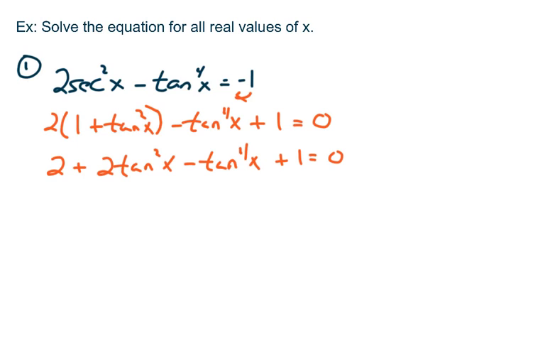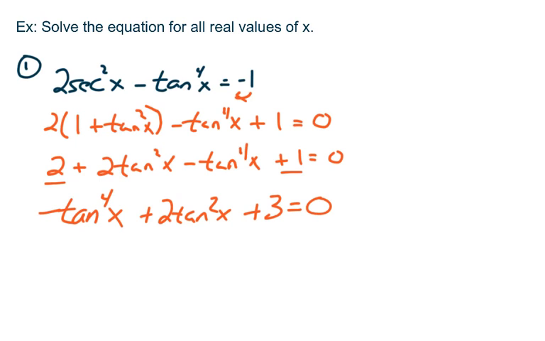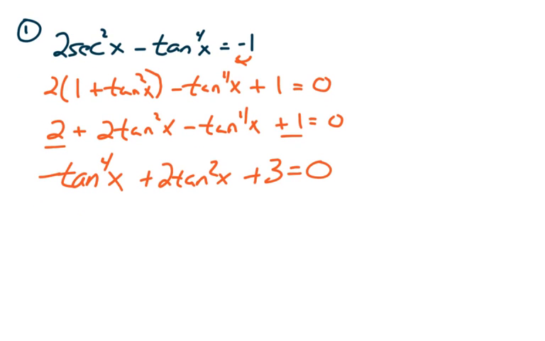This example is factorable, so let's just reorder things and combine some things. We can combine the 2 and the 1. I'm going to put the fourth power first, just thinking about standard form. Usually the biggest exponent comes first. So negative tangent to the fourth of x, positive 2 tangent squared of x, and then 2 plus 1 would give me 3 equals 0. Okay, so now we can factor this, but it's a whole lot easier to factor if our leading coefficient, the number in front of our highest exponent, is positive.